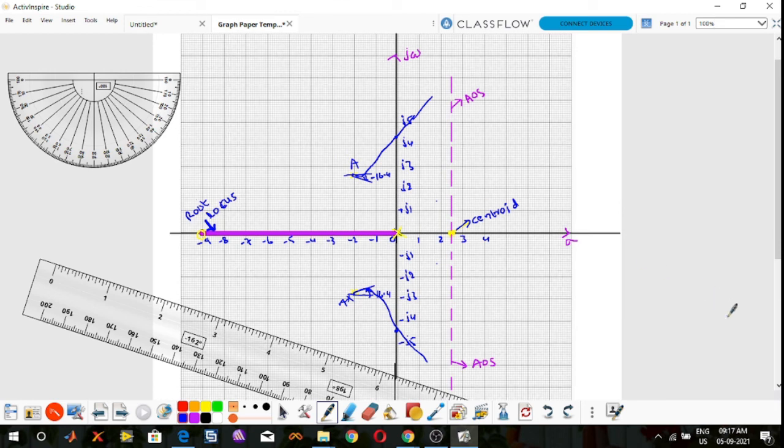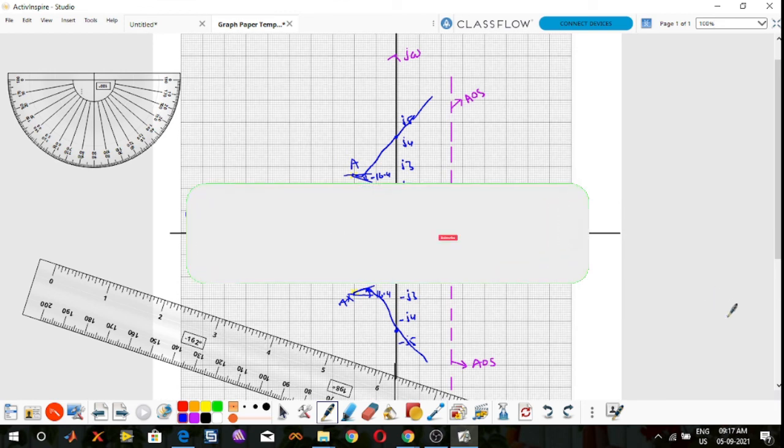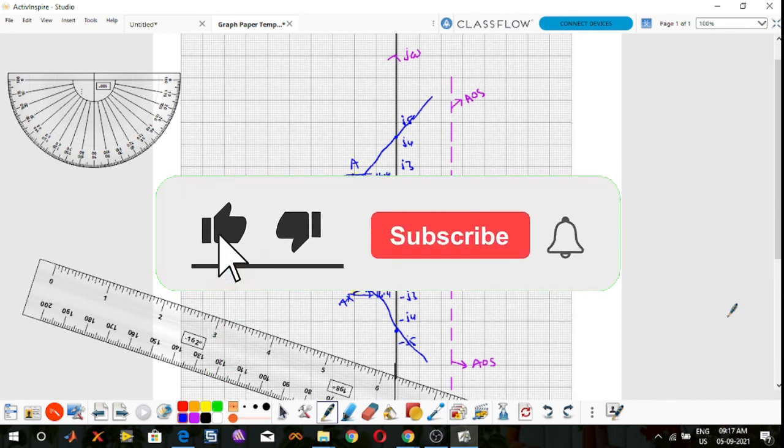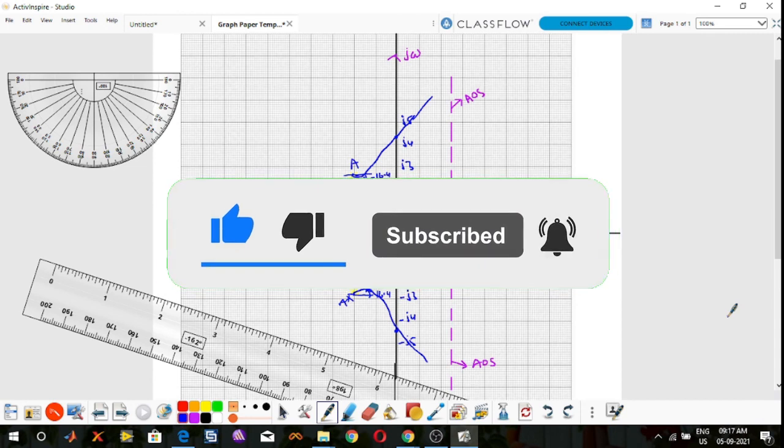So this is the root locus of the given open loop transfer function. So this is the procedure we can use to determine the root locus.